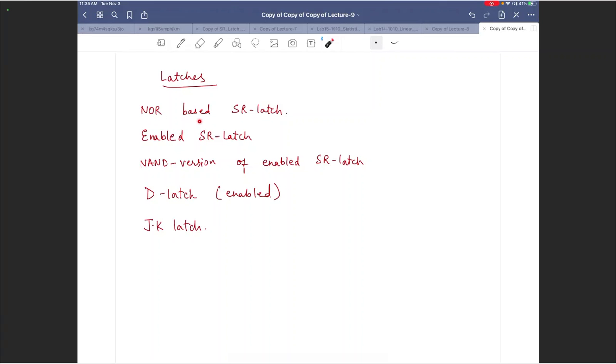So using the NOR based SR latch, we made an enabled or gated or clocked SR latch. And then we also looked at the NAND version of the enabled SR latch. Then we looked at the D latch. Then we looked at the JK latch, right? So everything was getting built up on that NOR latch analysis, which relied on 4 things: set, reset, store, and the not allowed, which created a problem which we were able to solve using either the enable signal or the D latch.